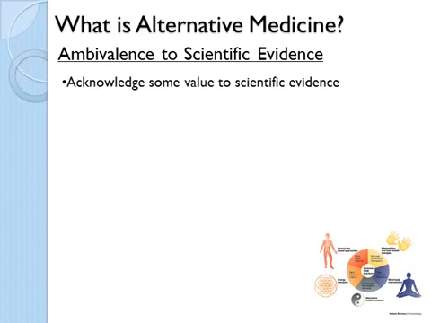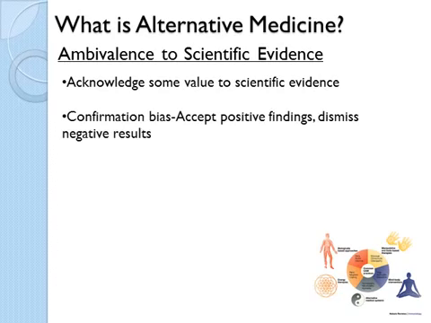There's always an acknowledgement of the value of science, and part of this is because consumers, animal owners, are understood to respect science and to value science. So science is an effective marketing tool, and it's often acknowledged as having value, and at the same time, positive findings are promoted and negative results are dismissed or not acknowledged.